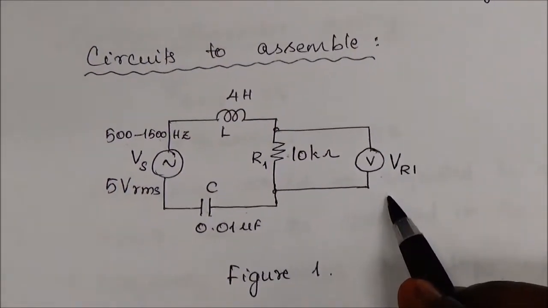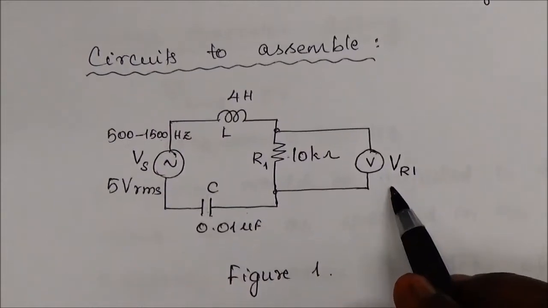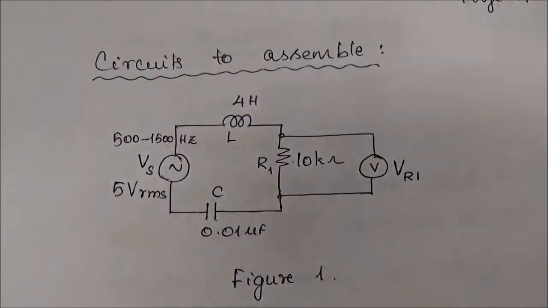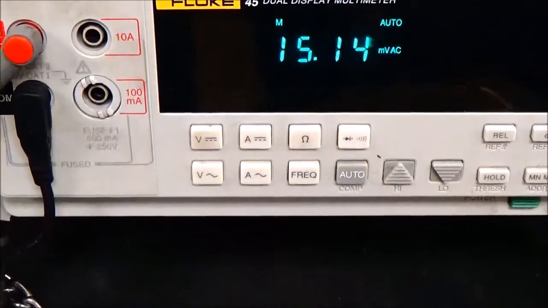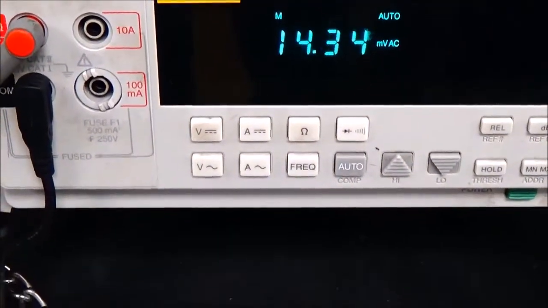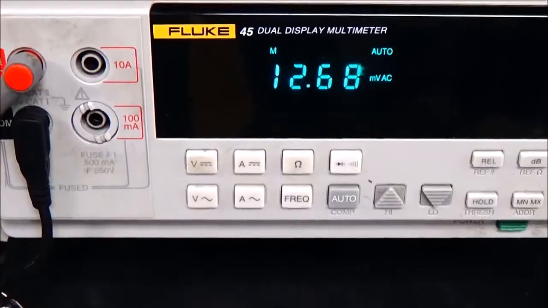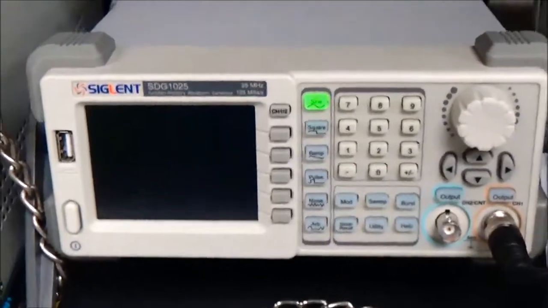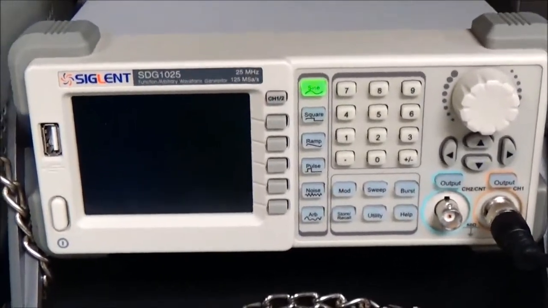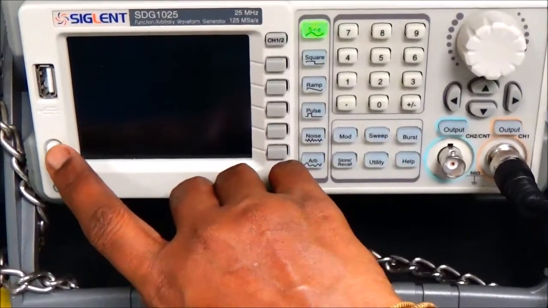The voltmeter should be set in AC mode by clicking on this button. Now I am going to set the function generator to 5 volts RMS, 500 Hz frequency. Power button is here.